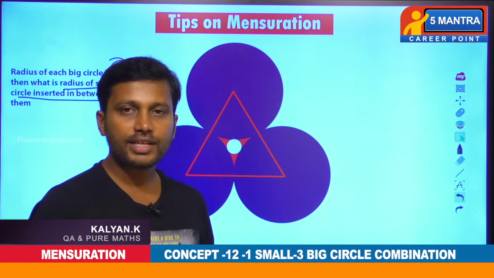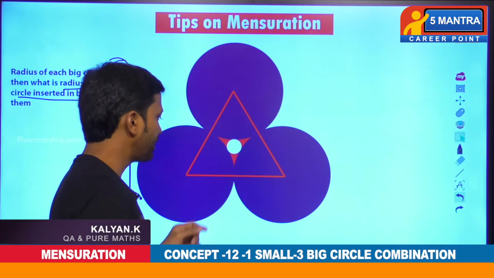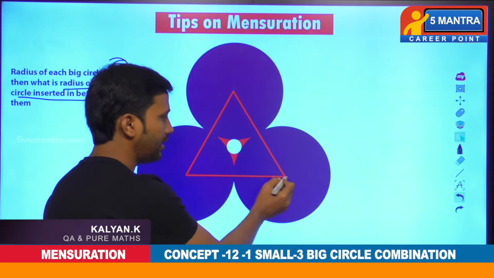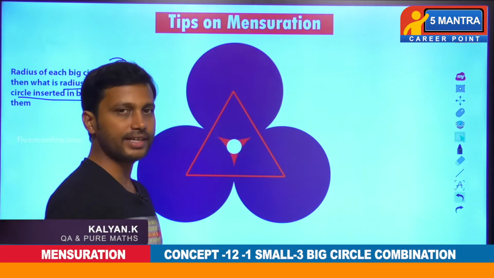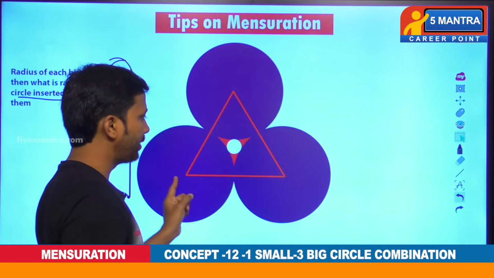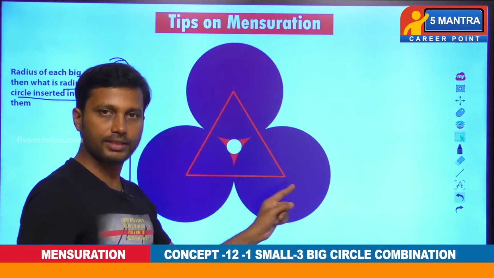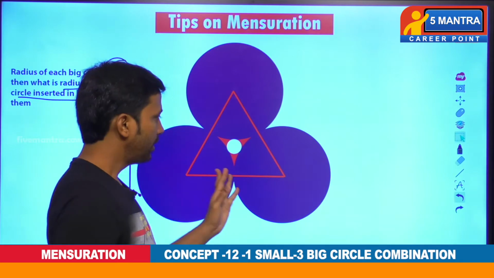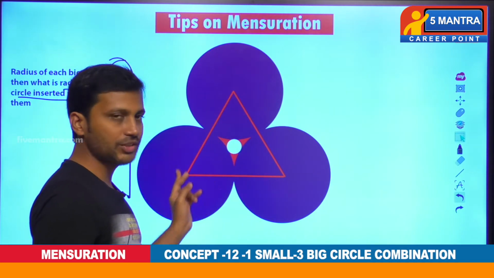Now we have constructed, we have joined the centers. This is a center and this is a center and this is a center, and we joined all the centers together like this. So here one triangle is formed.